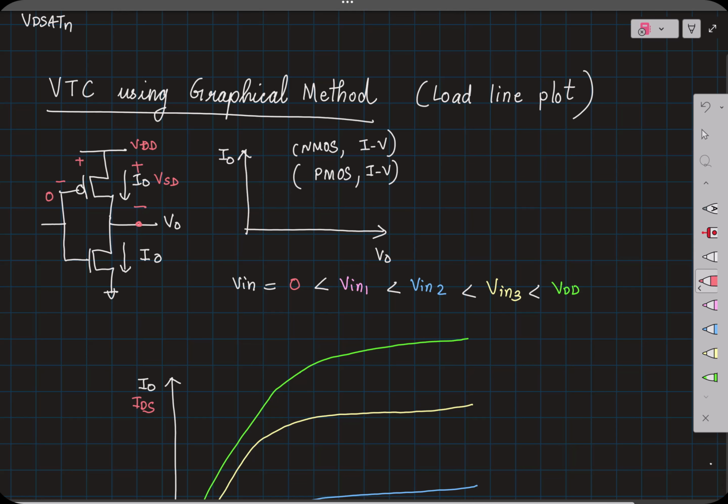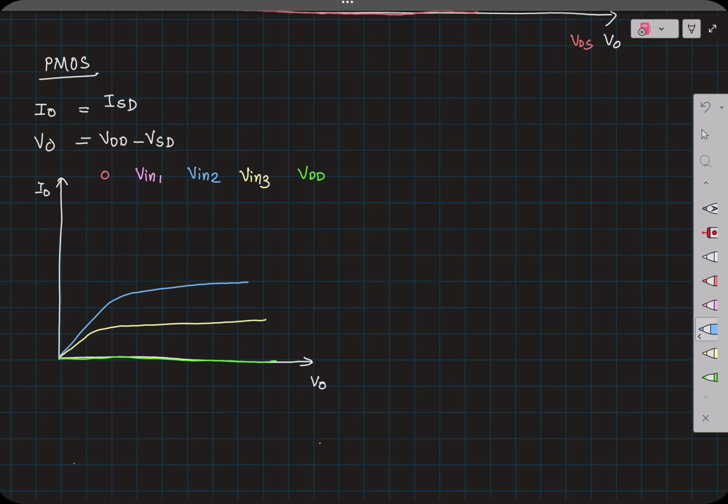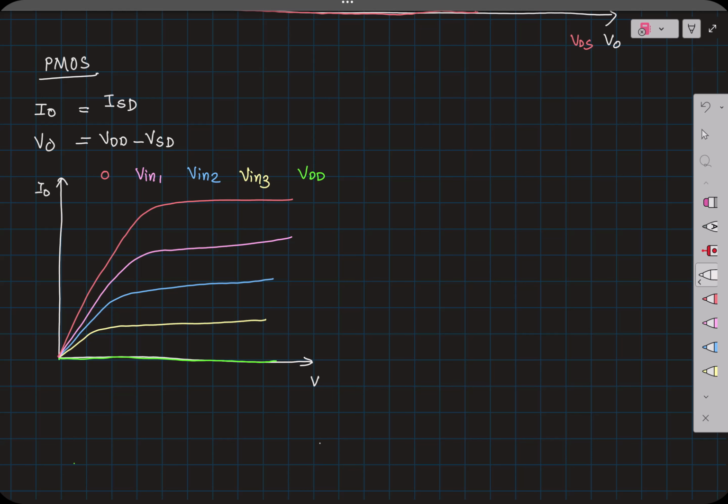So the relationship is different for NMOS and PMOS. As you decrease the Vin, your current is going to keep increasing. So you are looking at a relationship of I naught versus VSD as shown here.